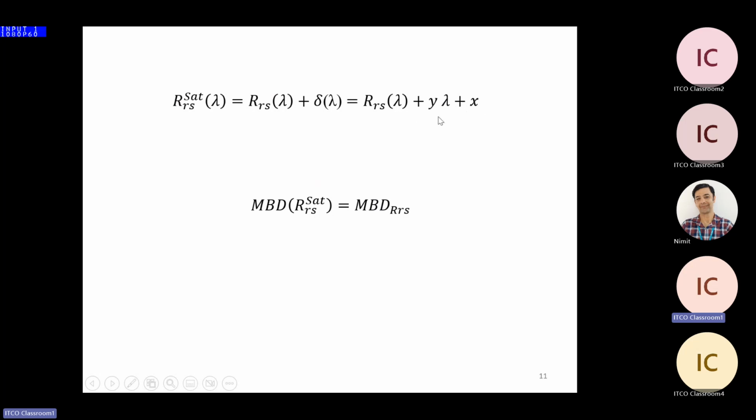As long as this delta lambda has this kind of relationship, y lambda plus x, then the band difference from satellite is the same as the band difference of true Rrs. So that's why we can get a sharper image product from the band difference than the band ratio, because the band difference can cancel this out, but the band ratio will not be able to cancel it out.